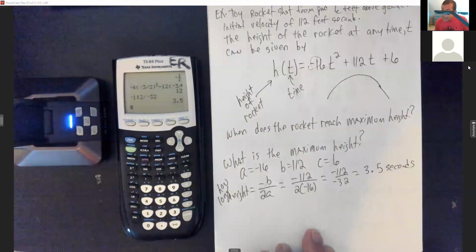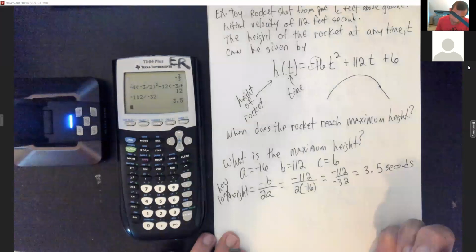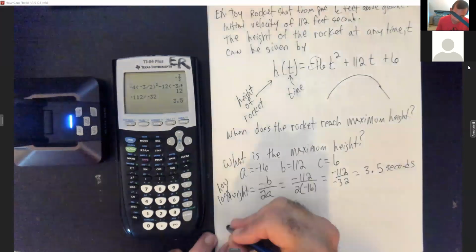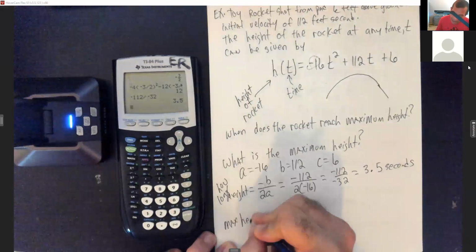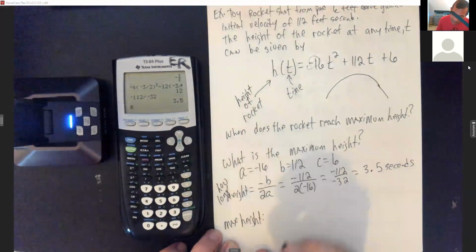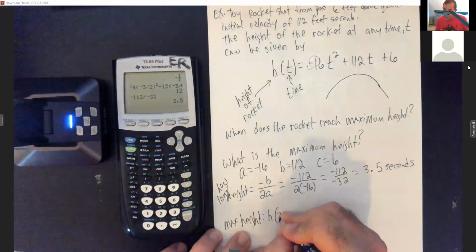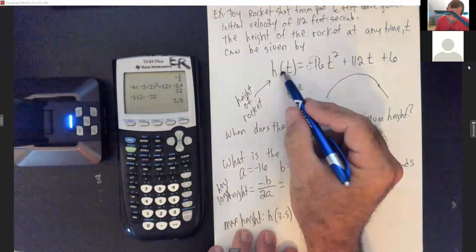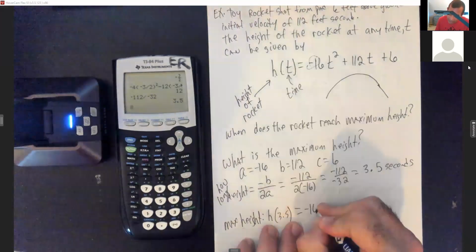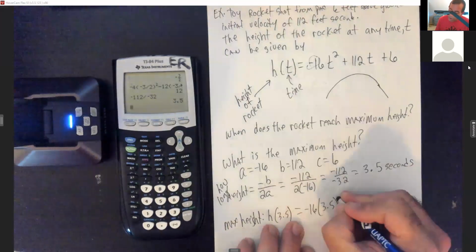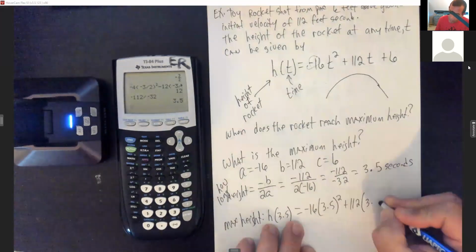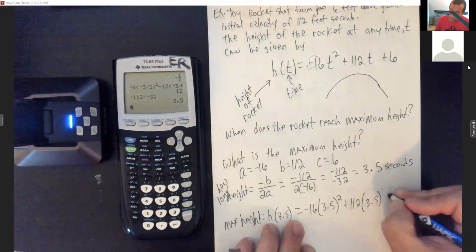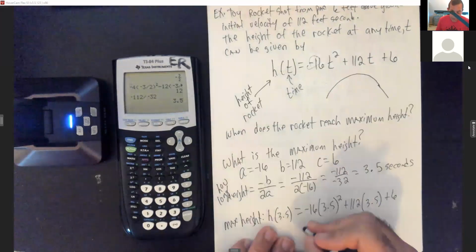So what is that maximum height? To find the maximum height, I got to find h of 3.5. Since my function is given as h, I put my negative 16, 3.5 squared plus 112 times 3.5 plus 6. All right, so here we go.